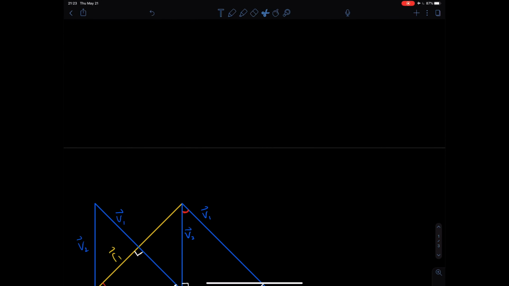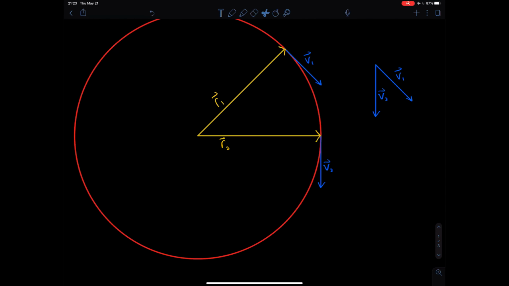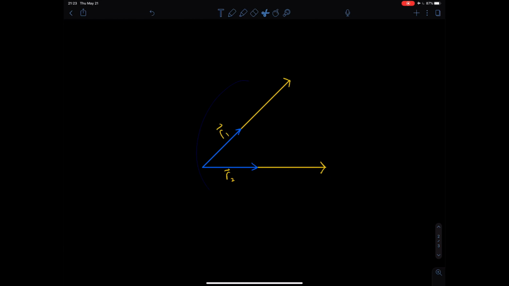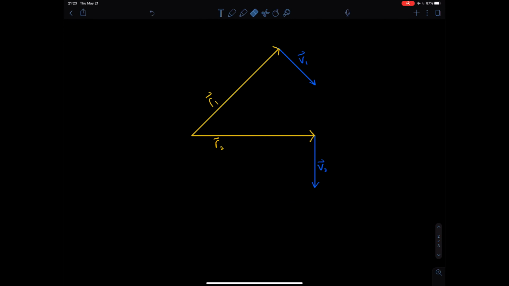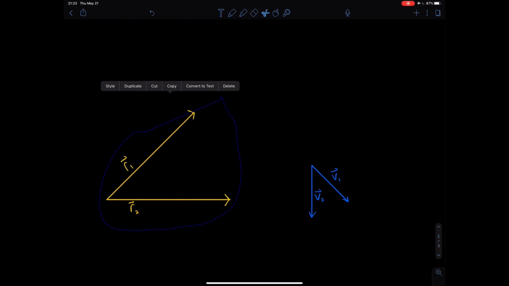Now, the fact that we have this means we can do some pretty interesting stuff. So again, I want to go down here, and I just want to take a look at our vectors. So what I'm going to do is do the same thing we did earlier, but now I have some position vectors and some velocity vectors.